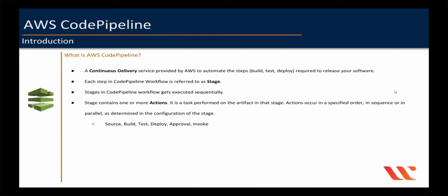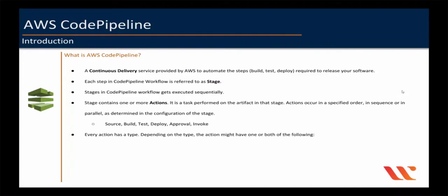And if the action is rejected, or if no one approves or rejects the action within 7 days of the pipeline reaching the action and stopping, the result is the same as the action failing and the pipeline execution does not continue. And with the invoke action type, you can invoke an AWS Lambda function if you want to perform certain cleanup tasks or pre-build tasks, etc. For example, you can use AWS Lambda to back up resources before building or deploying by creating an AMI snapshot.